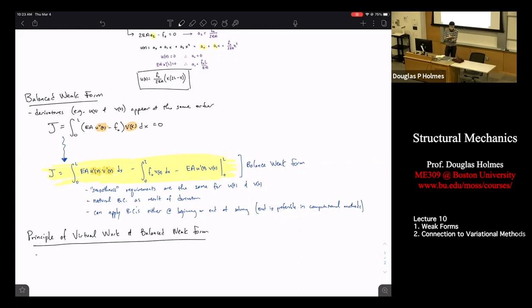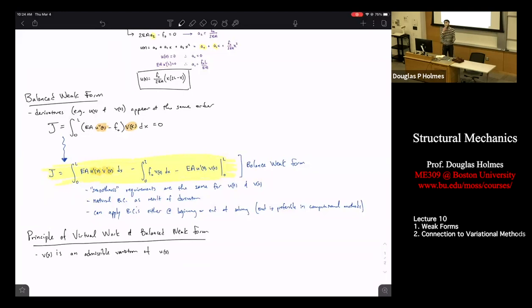If we ensure that our test function is some admissible variation of our, say, displacement field, so u of x.